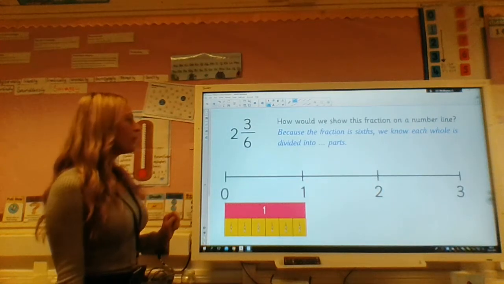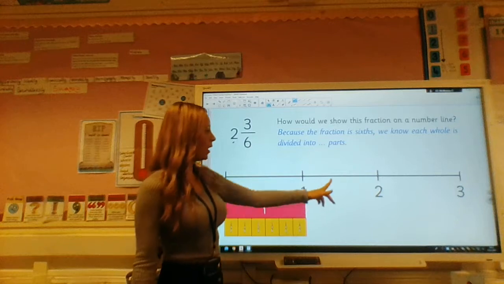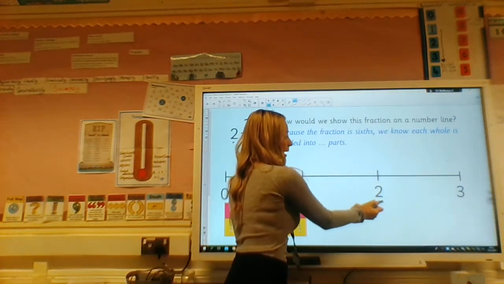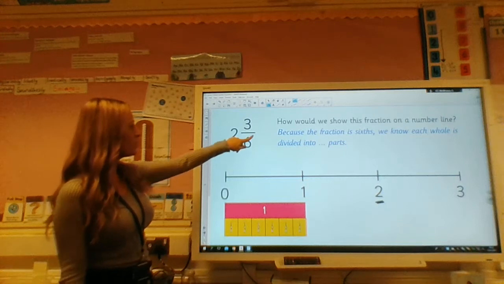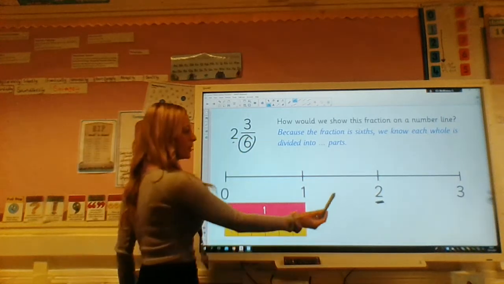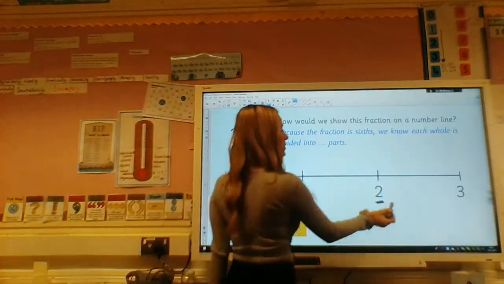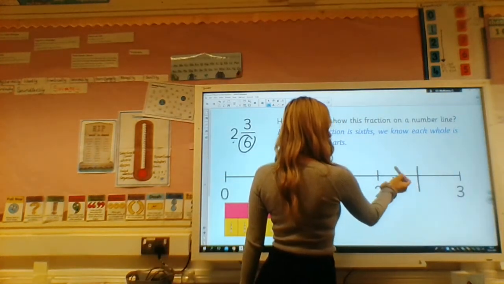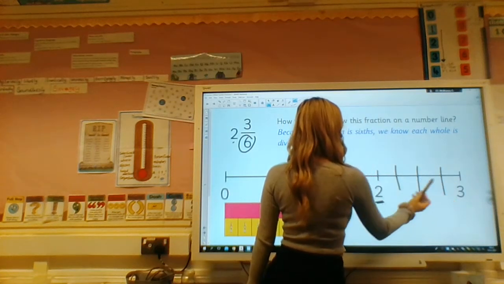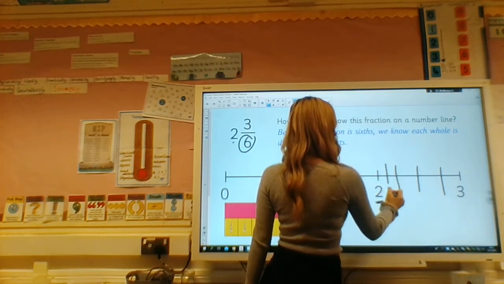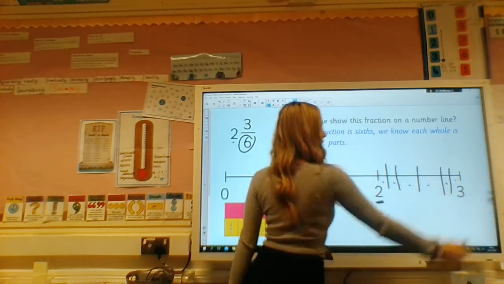Then we've got 2 and 3/6. So again, look for the whole number first. So we've got 1, 2. So the whole number there is 2, and we're looking for 3/6. So the denominator tells us that we need to split this part of the number line into 6 parts. So I'm just going to do that. I've got 1, 2, 3, 4, 5, 6 parts.